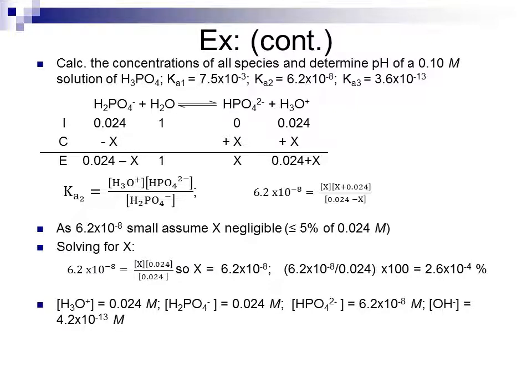Our hydronium concentration then is still 0.024 because adding 2.6 × 10^-4 is going to be negligible. Our H2PO4- concentration is also unchanged. Our HPO4 2- concentration is 6.2 × 10^-8. And our OH- concentration is 1 × 10^-14 divided by the same 0.024.